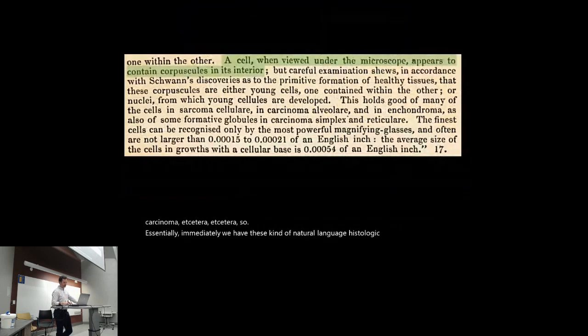But reading some of these passages, you get a sense that someone's looking down a microscope at some cancer, which up until this point had only been described via its gross image, gross as in macroscopic features. You can see these minute globular cells which form the real Seminium morbi in several forms of carcinoma, et cetera, et cetera. So essentially immediately we have these natural language histologic features.